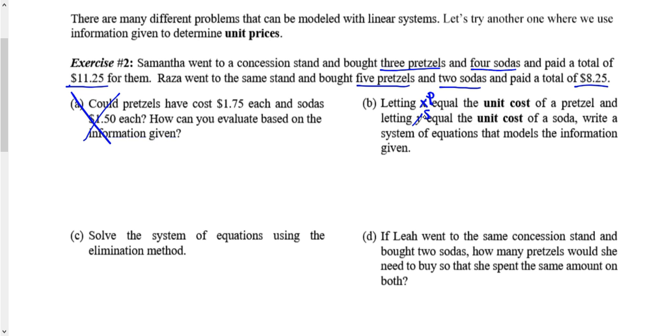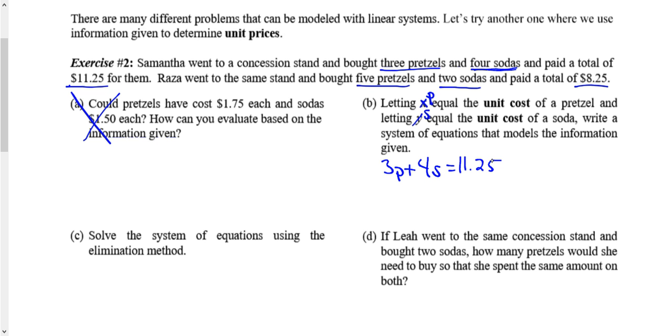Let's do one for Samantha first, the total of her purchase. 3P plus 4S, that's the cost of her purchase, right? Equals $11.25.